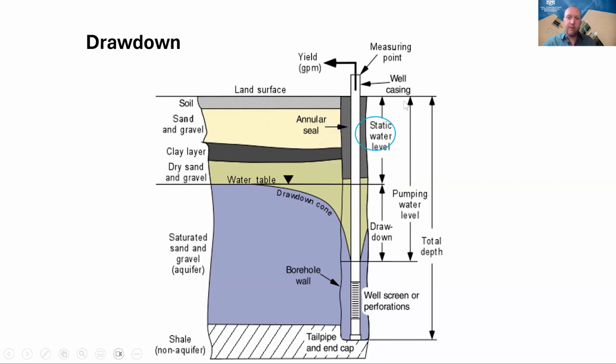Static water level is the water table when it's not being influenced by pumping. And then the pumping water level is the water level when the pump is on. The difference between those two is called the drawdown.